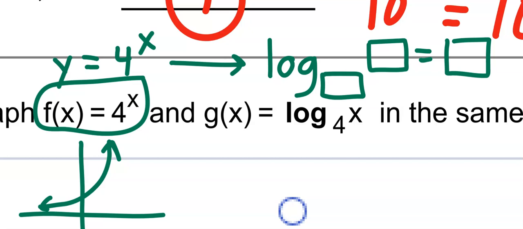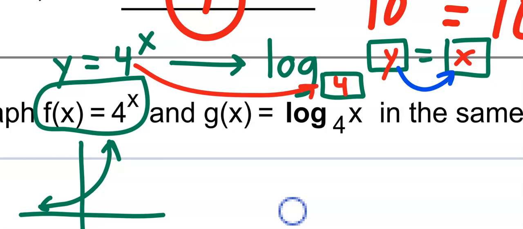Now, if we switch x and y, because that's how you find an inverse, what we end up with is something that looks like this. Y equals log base 4 of x. Okay? So this blue one right here and this green one right here are inverses of each other.